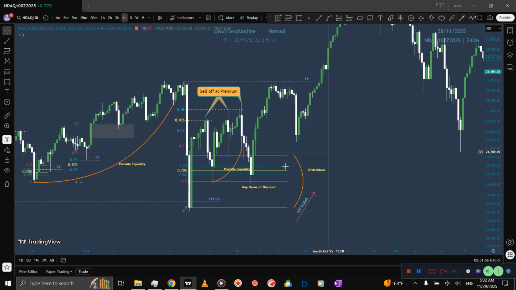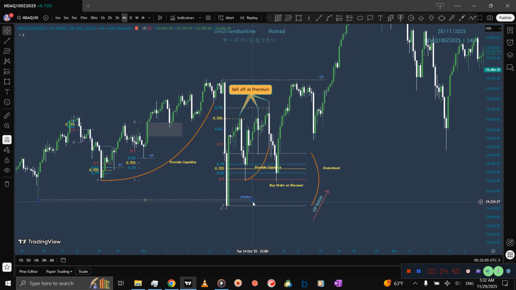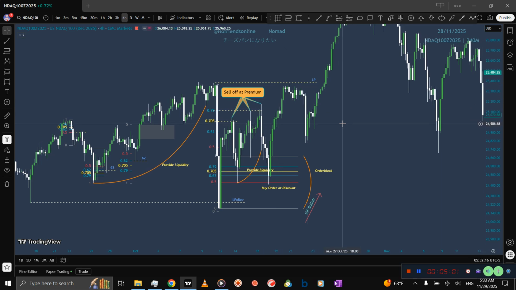So once we cleared a big liquidity, we are going to reverse the price to the higher range.